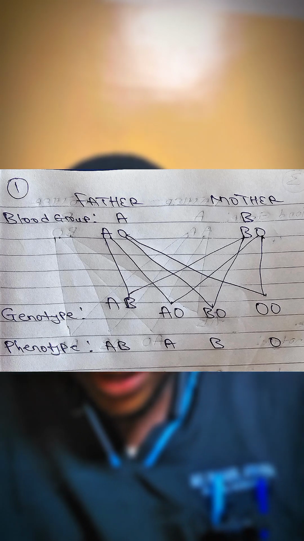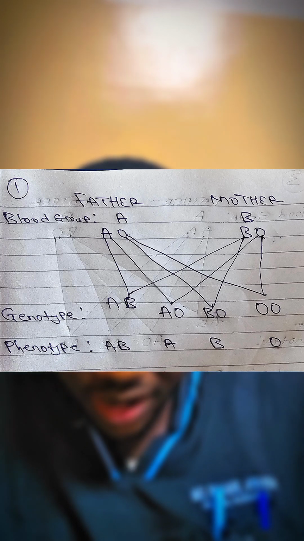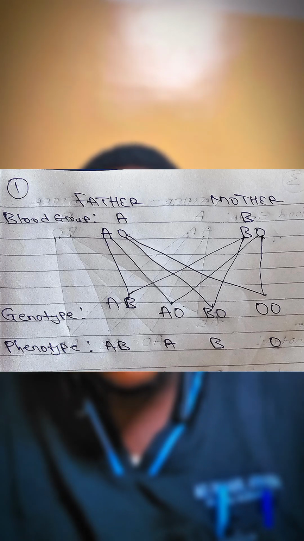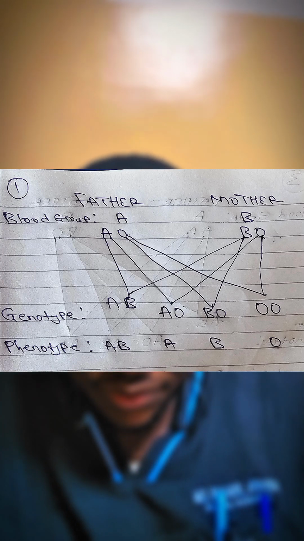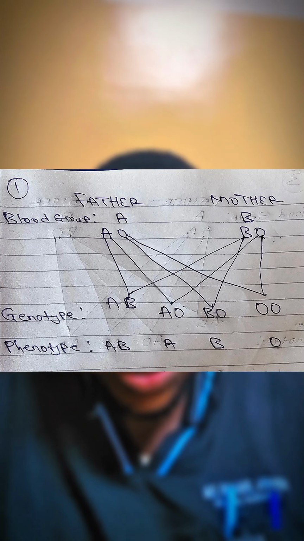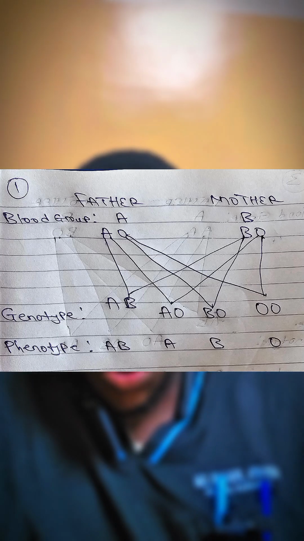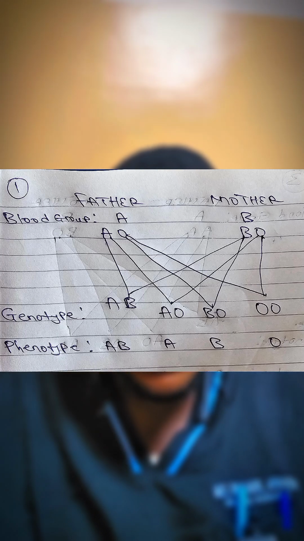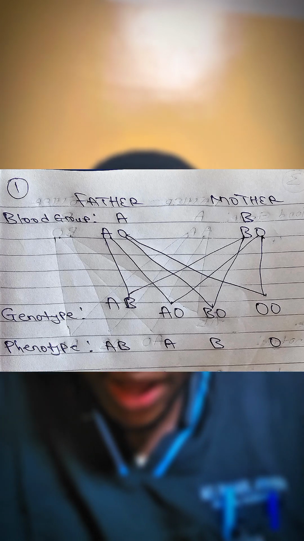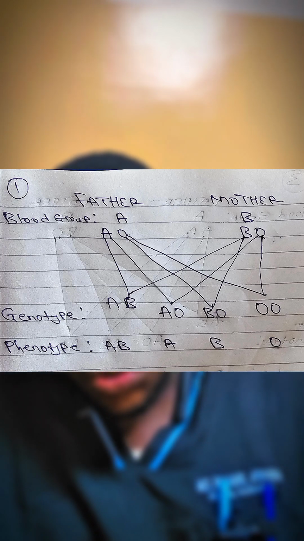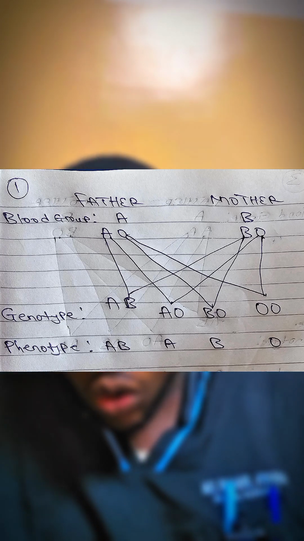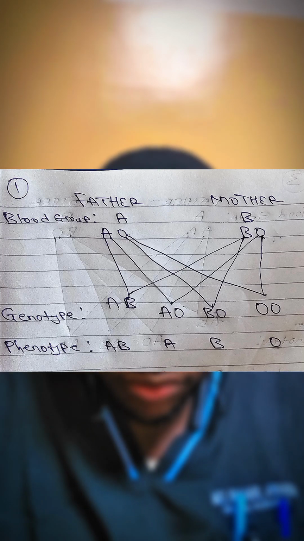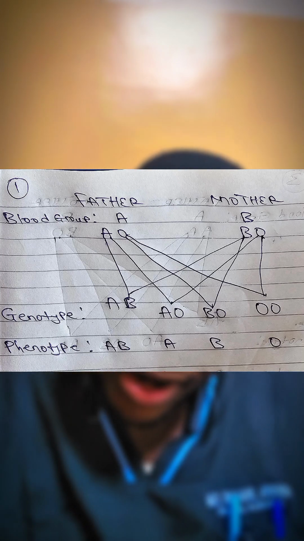If the child is A, the child is going to be a heterozygous A, so genotypically that child will have AO. The child who is B will also be heterozygous, having BO. And the child who is O has OO, inherited from the father and the mother.